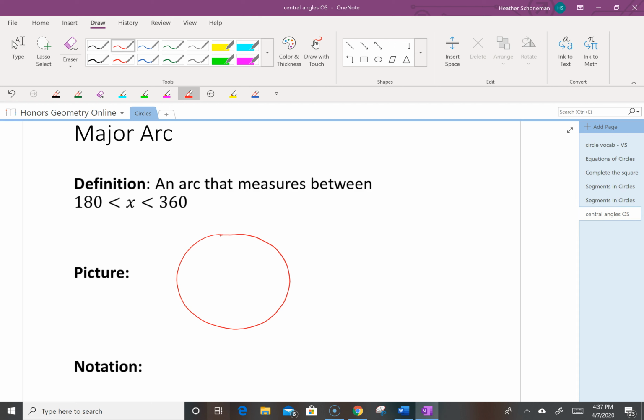Okay, so remember, if it's more than half a circle, I have to use 3 letters. Because if I just said arc MN, it would just be the short one from M to N. But I want the bigger arc that's more than 180. So to name that, I'd have to say arc MON. So use 3 letters.